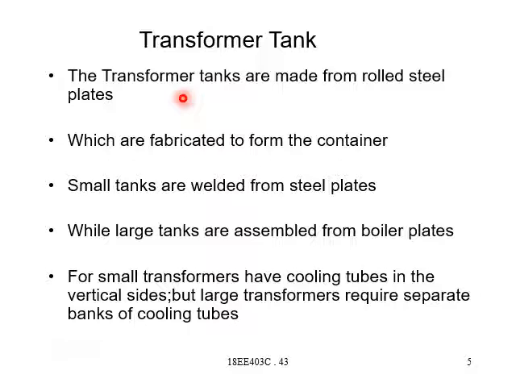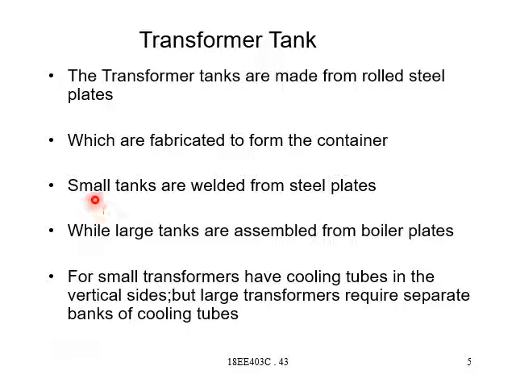A transformer tank is generally made from rolled steel plates. It's nothing but rolled steel iron. Steel is used in order to avoid corrosion of the material, and these rolled steel plates are fabricated to form a container, since it has to be formed like a container so as to immerse the transformer in it.